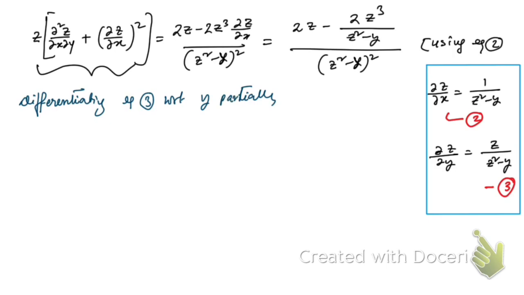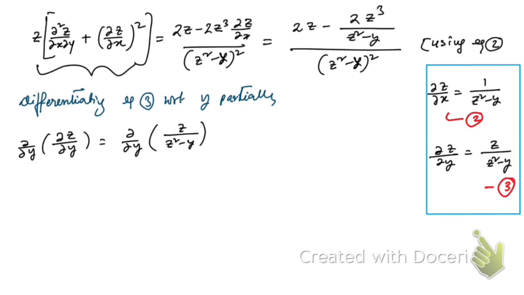Then what we're going to have is del y of the left hand side, that is del z by del y, then del y of the right hand side, that is z by (z square minus y).